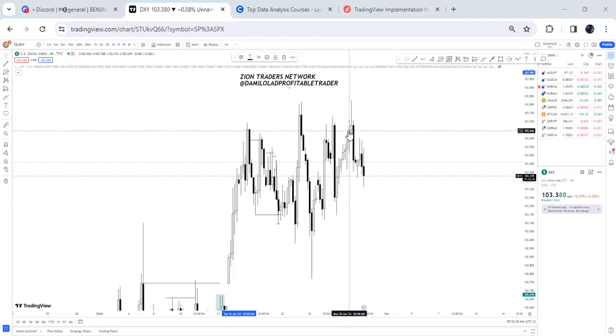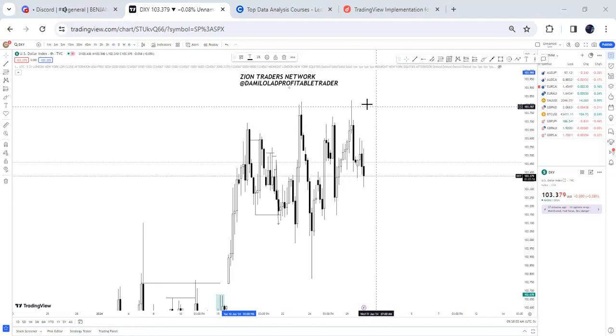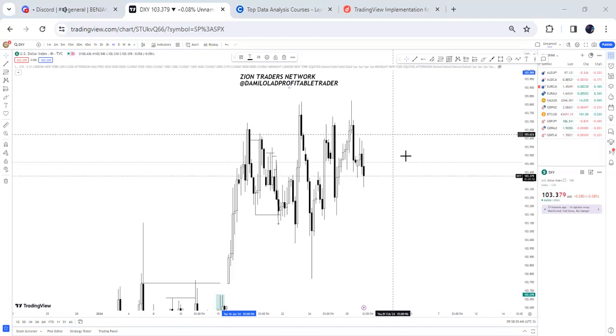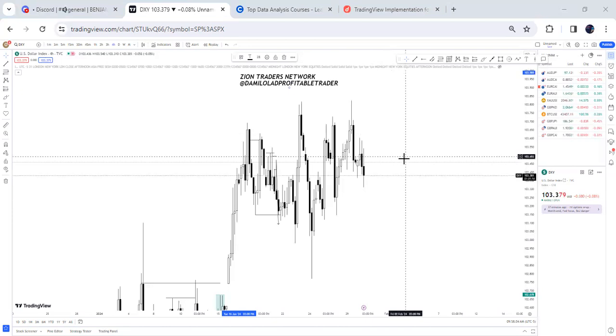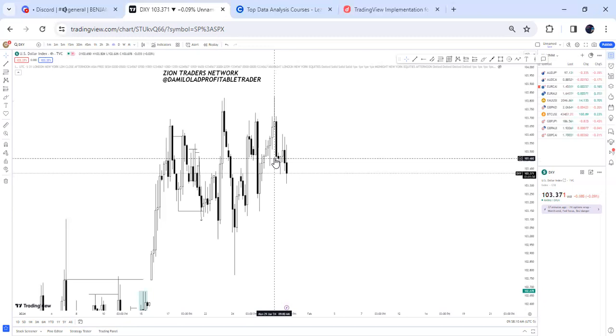What you must understand is that the DXY has some relationships with the EUR/USD, the GBP/USD, and the likes. I'm just going to be as simple as I can, and I'm just going to use EUR/USD and GBP/USD as an example.